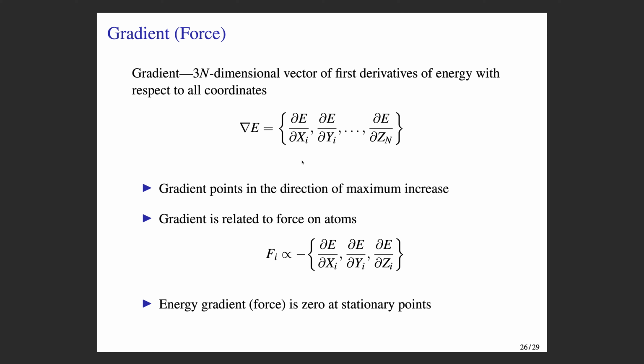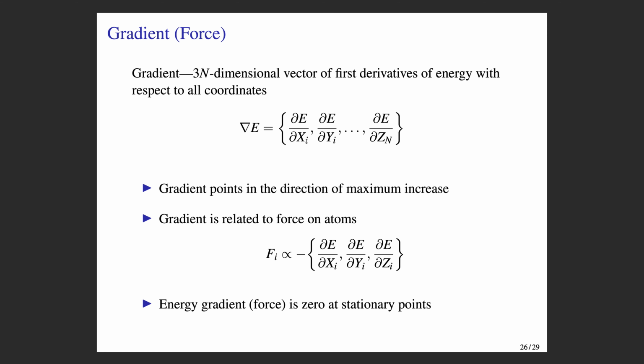So here, for a molecule that has n atoms, and each atom has an x, y, and z component, the gradient would be a 3n dimensional vector of first derivatives of the energy with respect to all of the possible coordinates. And so here's a list of these different first derivatives.